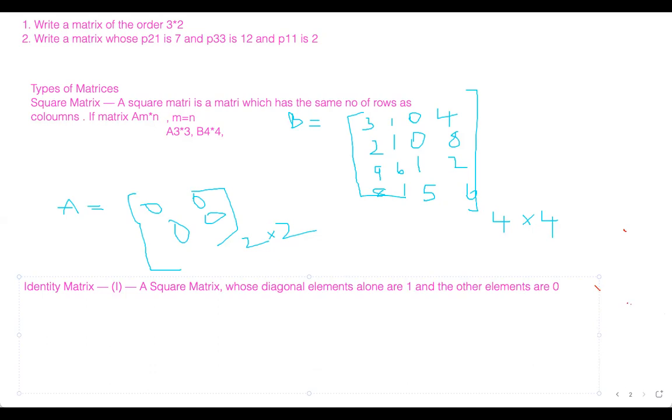So I will say C is equal to the square matrix 1, 0, 0, 0, 1, 0, 0, 0, 1. Okay.